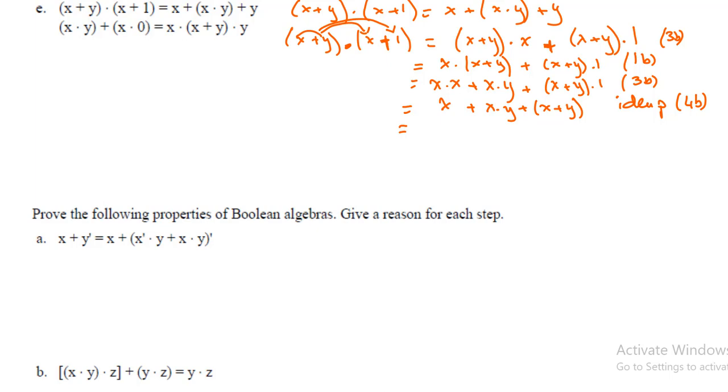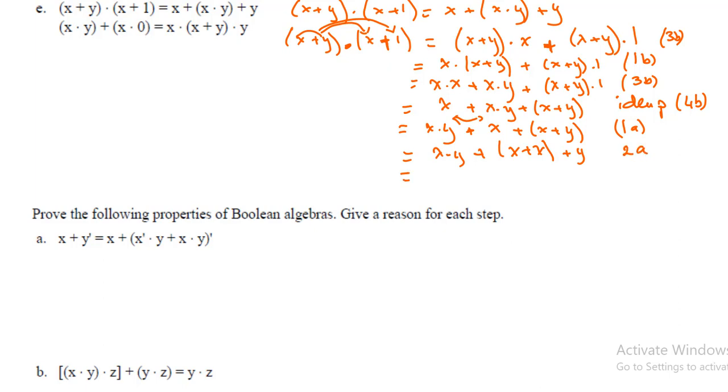So next we're going to use commutative. So let's put the xy here first, then here is x plus a, commutative law. I flip this too. And now, if I use the associative law, I will end up with x plus y. What I use is 2a.